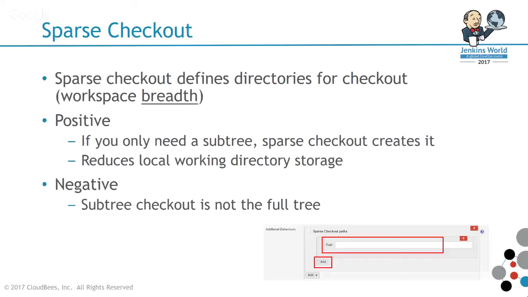You can use Sparse Checkout to check out exactly that subtree. Now, this doesn't help the remote. It doesn't help the master because this is purely an agent local operation to reduce work on the local agent. But it can help local agents in organizations where they have a broad tree, but each individual job only needs to work on a narrow part of that tree.